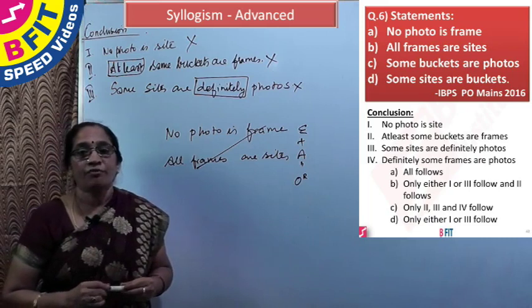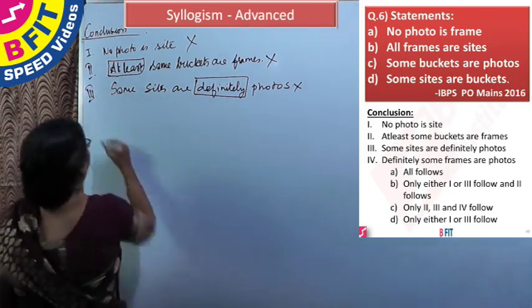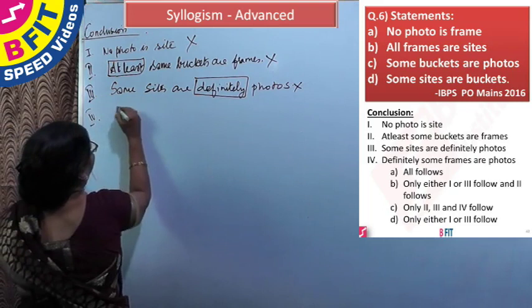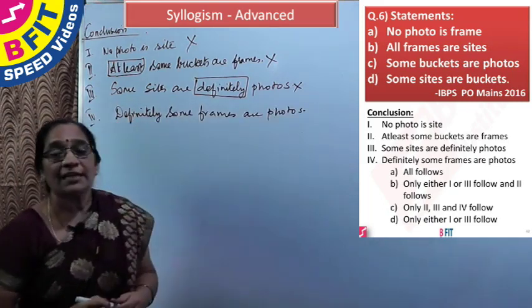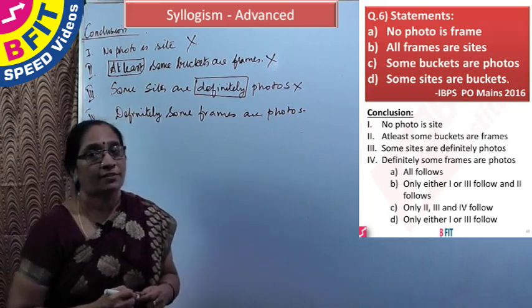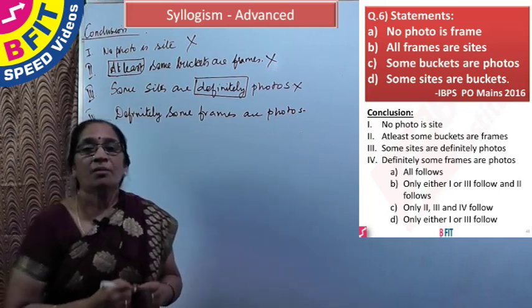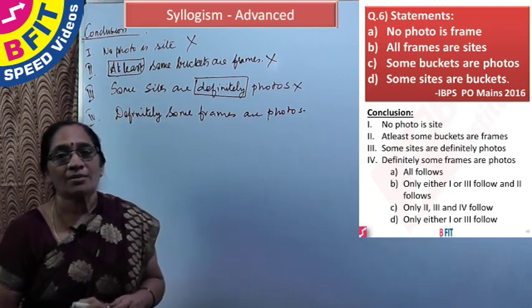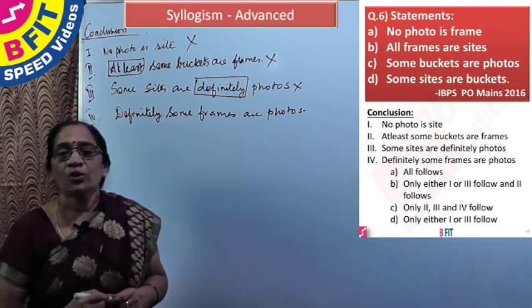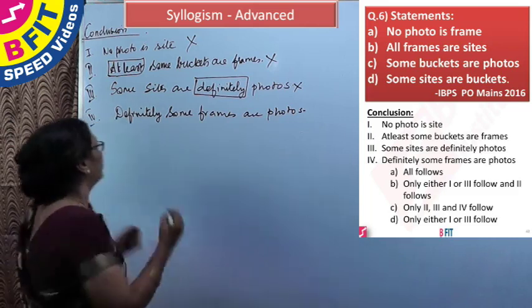Now let us check the fourth conclusion. Definitely, some frames are photos is the fourth conclusion. It is an immediate conclusion from statement 1. This conclusion also contains the term definitely, which we are going to ignore.